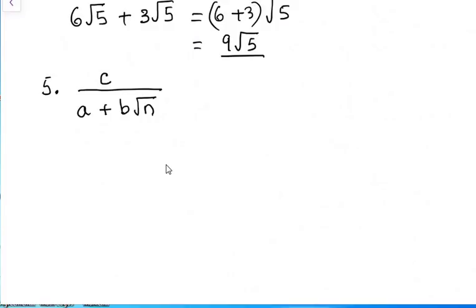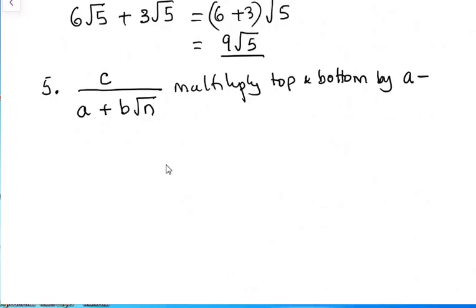So in this case, we're going to rationalize the denominator, and in the process, we're going to multiply the top and the bottom by A minus B square root of n, so the opposite of this denominator.